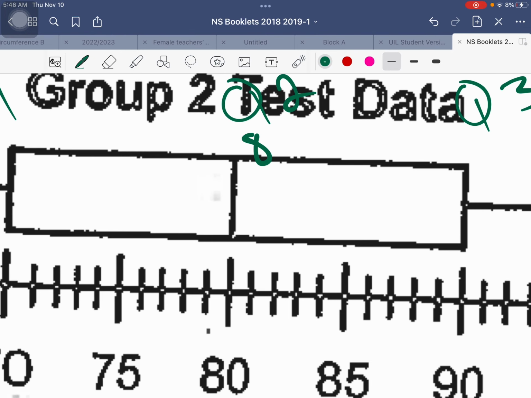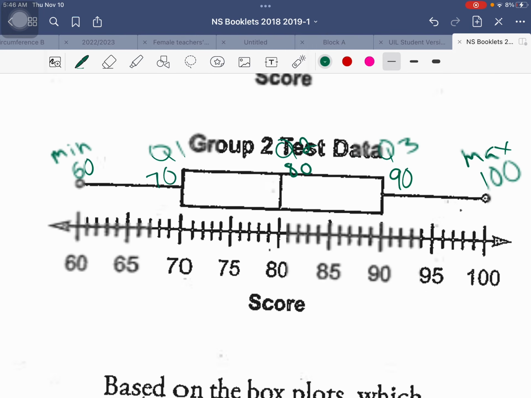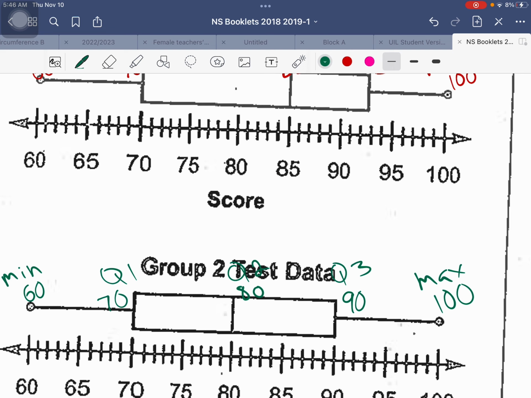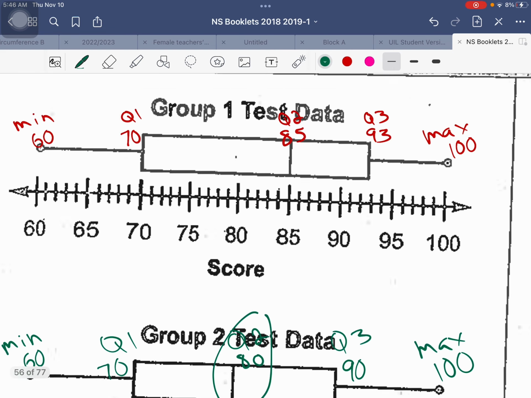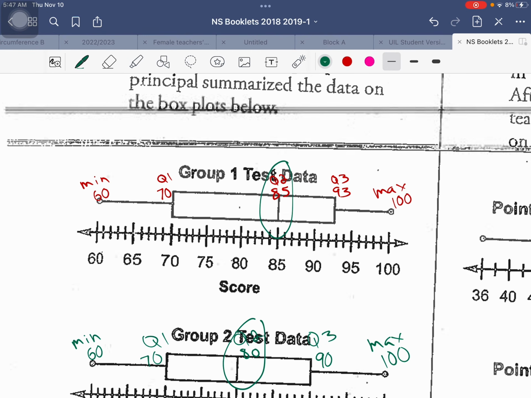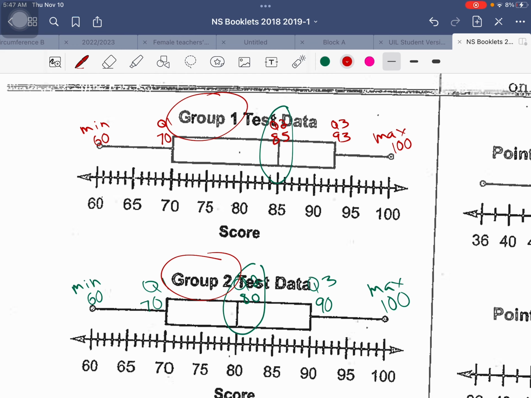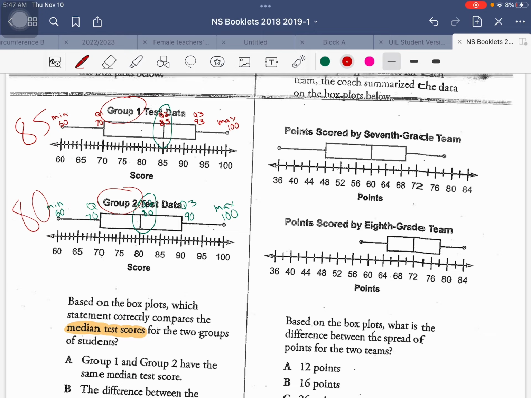Q2, 80. And Q3, it is 90. So, Q2 is 80. And Q2 is 85. For group 1 and for group 2. 85, 80. Órale. So let's check.